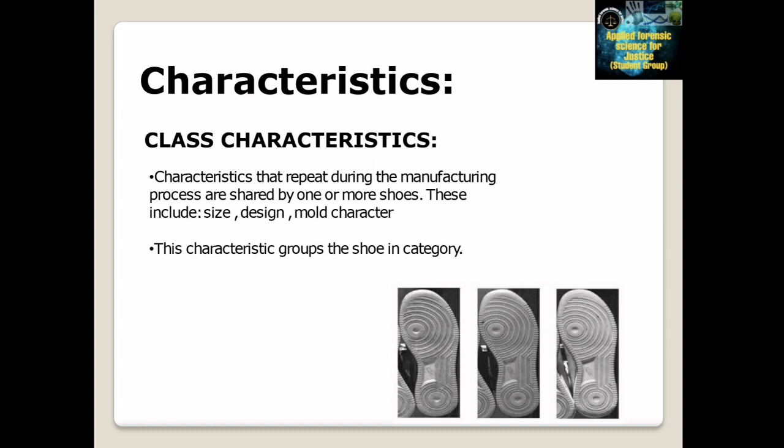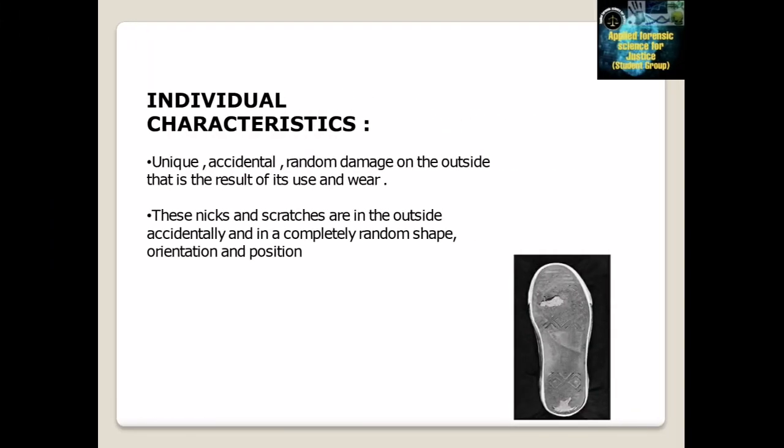These include size, design, mold character, etc. These characteristics group the shoe in a category. Individual characteristics are unique characteristics owned by that particular shoe. Unique, accidental, random damage on the outside is the result of its use and wear. These nicks and scratches occur accidentally and in a completely random shape, orientation and position.